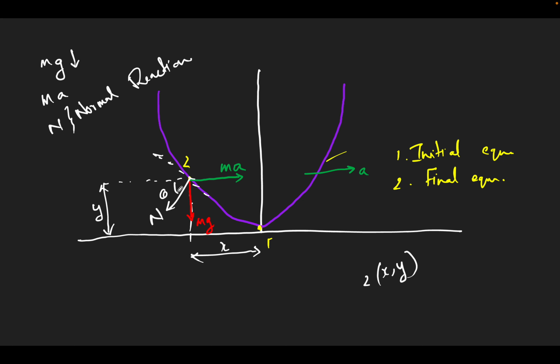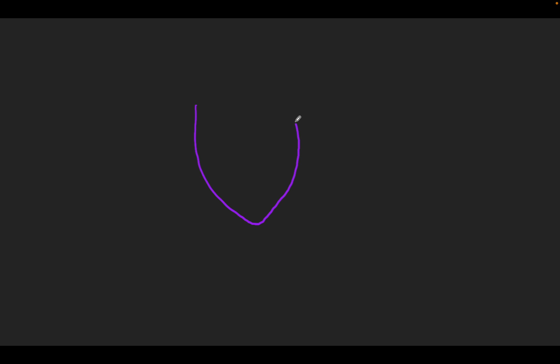Now let's again come back to the geometry. Suppose this is the parabola, this is the horizontal line, the x-axis, this is the vertical y-axis, and this is the point 2.